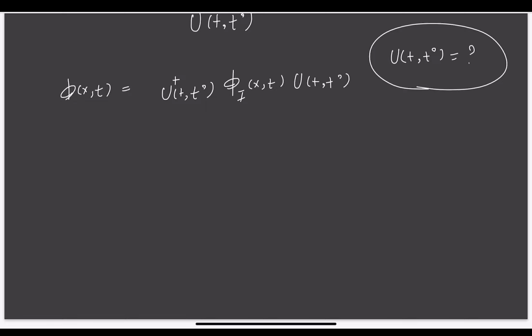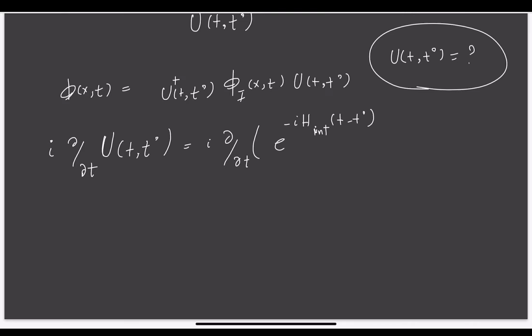Now, what is this U of t, t0? We're trying to find this U of t and t0. So let's take a derivative of that, because by taking a derivative, I'm going to write down a differential equation, and then I'm going to solve this differential equation to find U(t, t0). How? I say i d/dt. So I'm taking a derivative with respect to time of U of t and t0, which means taking a derivative of the term exponential of minus i H_interactive (t minus t0).